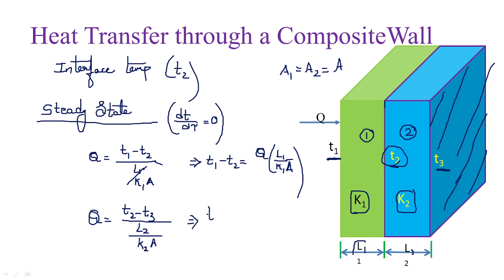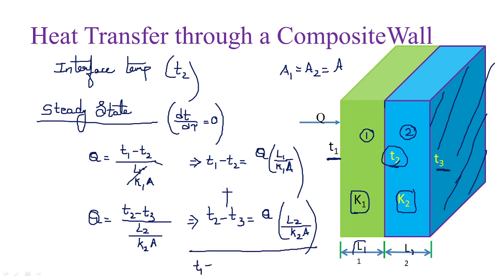From this, can I write T2 minus T3 is equal to Q into L2 by K2A? These two we have got. Suppose if I add these two, what I will get? T1 minus T3 is equal to Q into L1 by K1A plus L2 by K2A, Q being taken common.